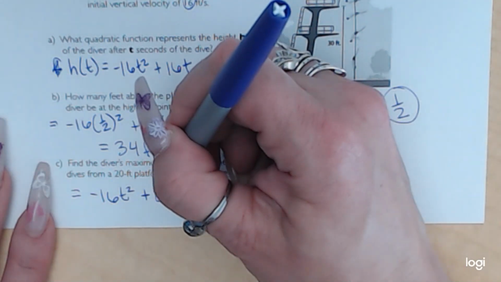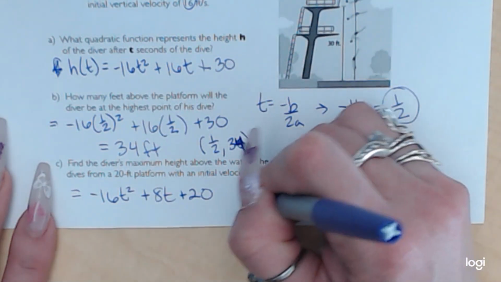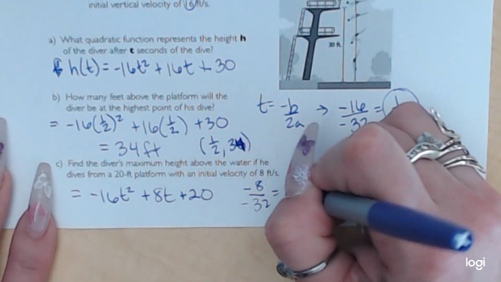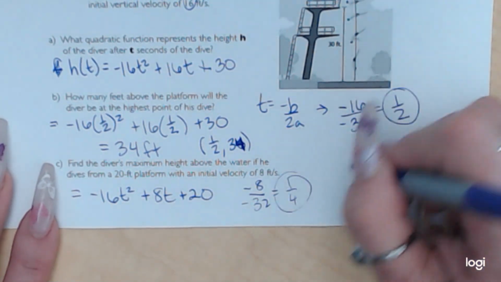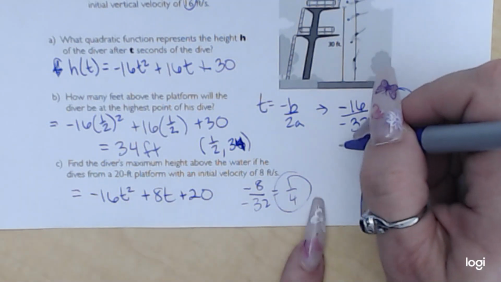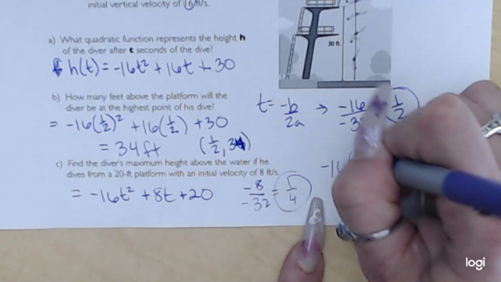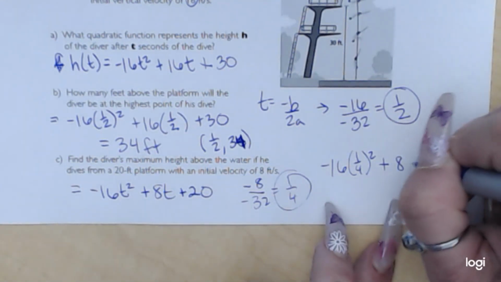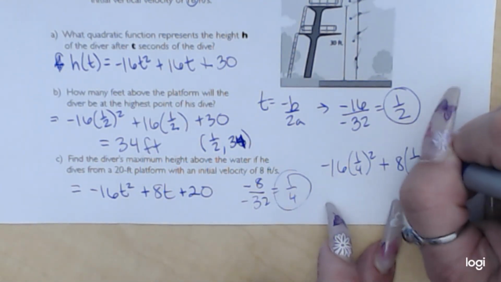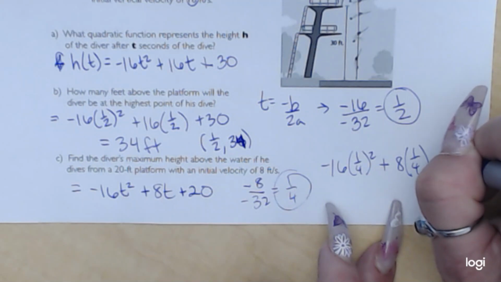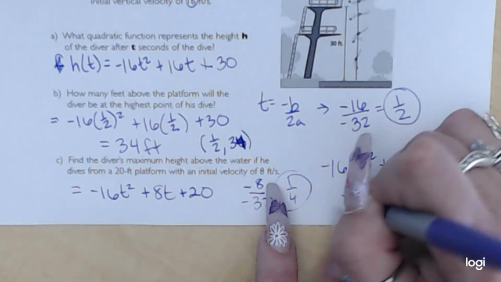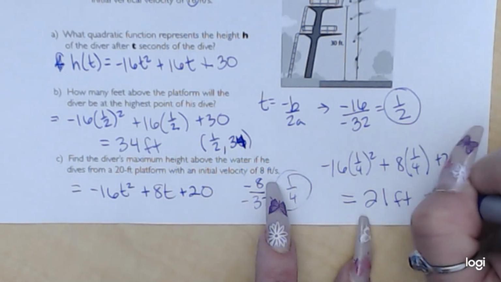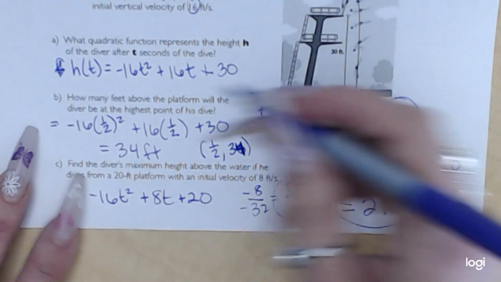We're going to do opposite of b divided by 2a, which gives us 1/4. Plug in 1/4 and evaluate that. You can use a calculator, and it ends up being 21 feet.